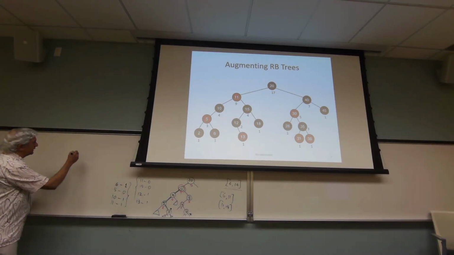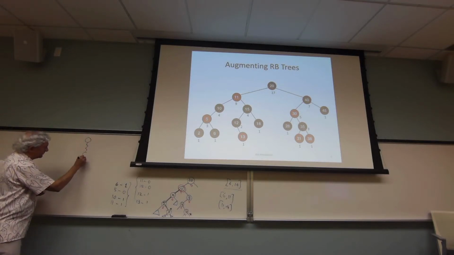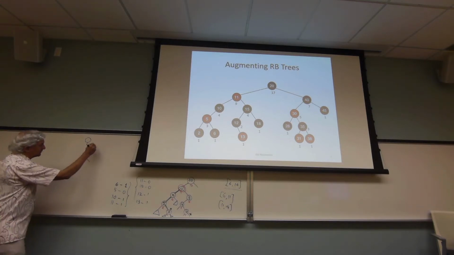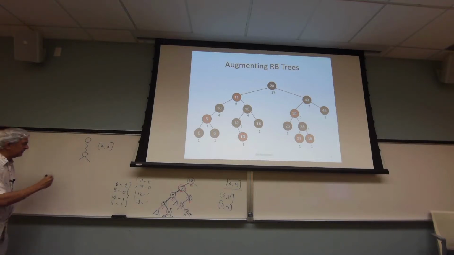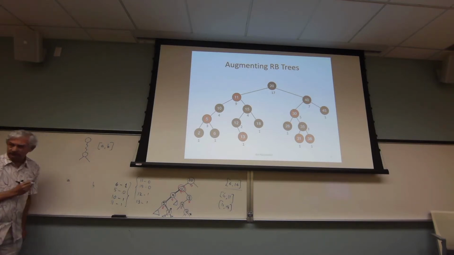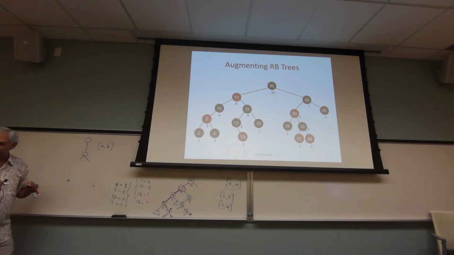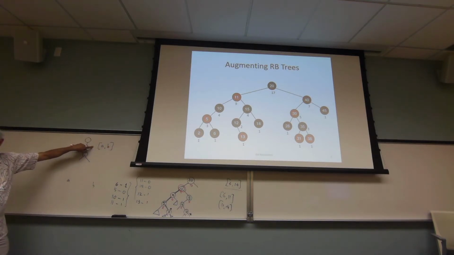So let me redraw this picture. We start at the root. As we do a search, we get to a point where, supposing we want to know how many items are in the range A through B, we first get to a node where somewhere here is A and somewhere here is B, which means this value here is between A and B. If we start at the root, and if the root is either larger than both of these or smaller than both of these, we know it's not really going to give us useful information.